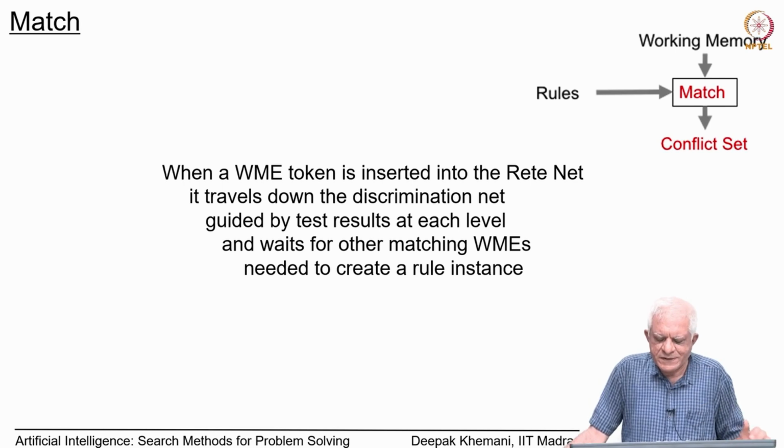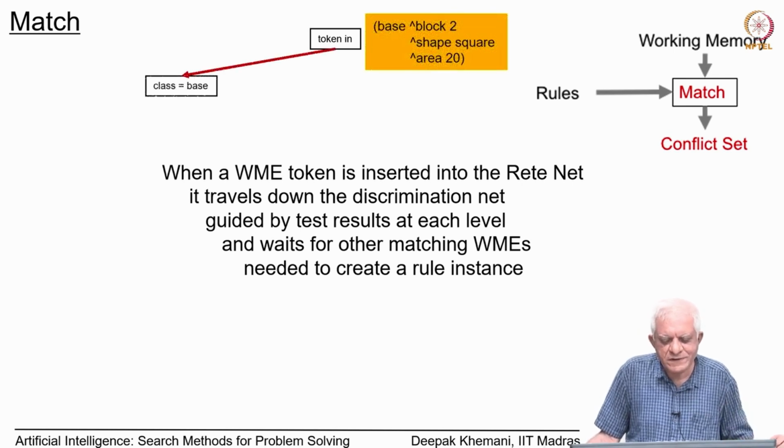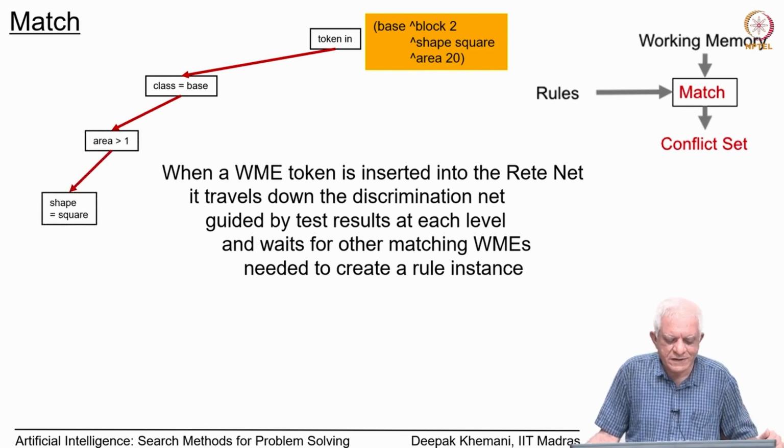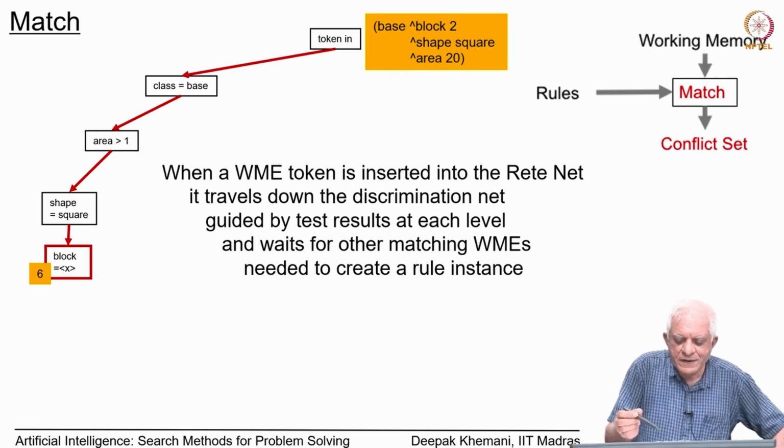So, let us illustrate this process. You put in a token, and let us say this token is one of the tokens that we mentioned in the working memory last time. It does a test at each level in the alpha network and travels down essentially. So, let us look at this in a little bit of detail.